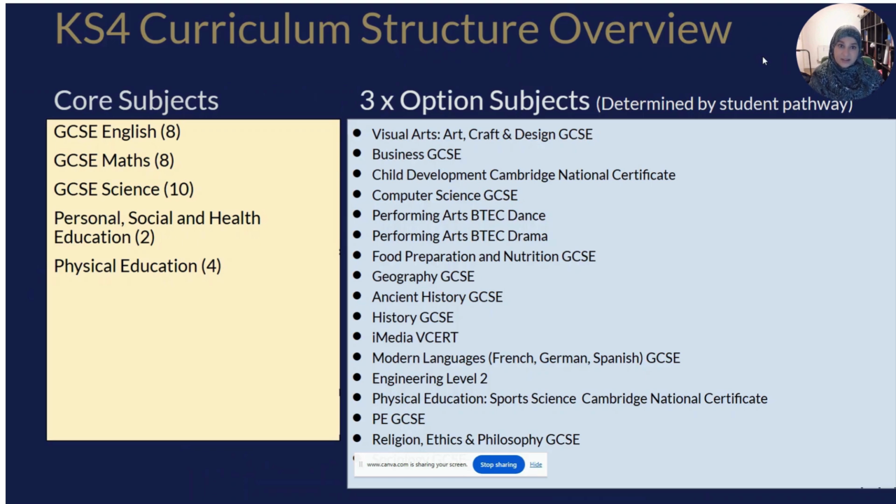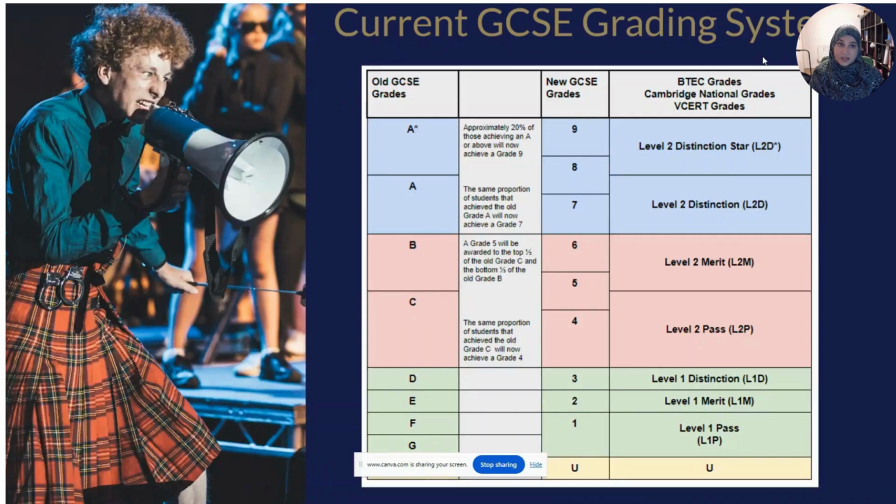In addition to that, your child would have chosen 3 option subjects from that list. Just so that you're aware also of the current GCSE grading system, it's no longer graded A to U anymore.